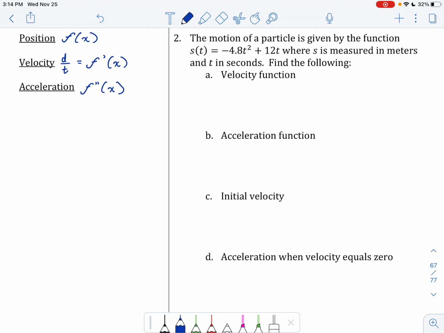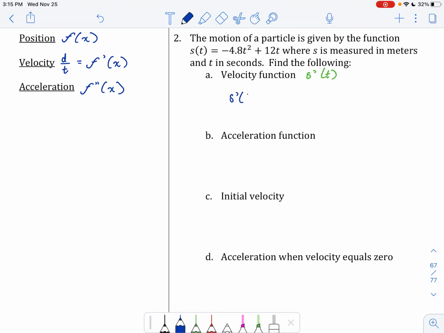So if I wanted to look here and I said, okay, well, if this is the motion of the particle, what is its velocity? Now, remember, velocity is related to speed in terms of just vocabulary. And the velocity function is just going to be your first derivative. So it's going to be s prime of t in this case, because these are the variables we're working with.